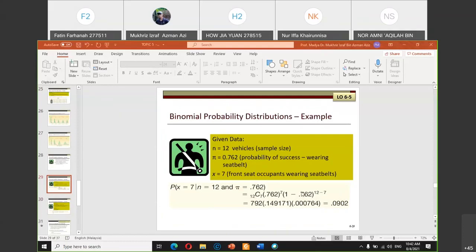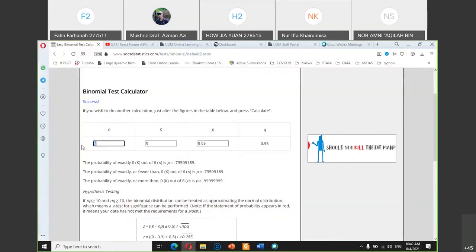Just plug into the formula: 12Cx, meaning nCx, where n is 12, x is 7, and pi is 0.762, to the power of x, which is 7. The rest you just plug into the formula.